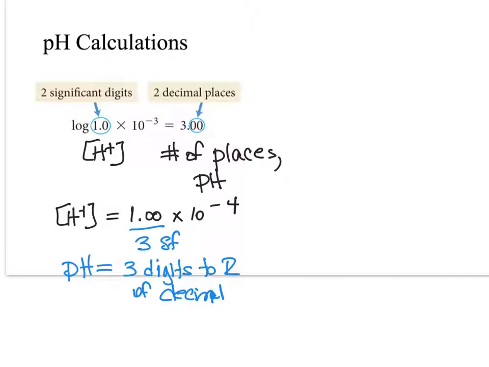In this case, I don't have to do the calculation because the numeral is 1, so it's right on the exponential value for pH. So I know that pH is equal to 4.000, 3 digits because of the 3 significant figures.